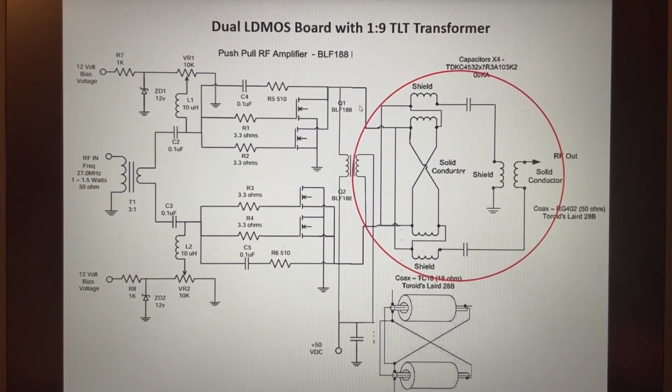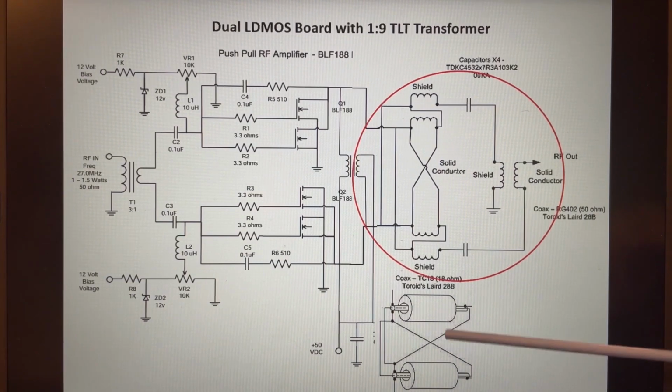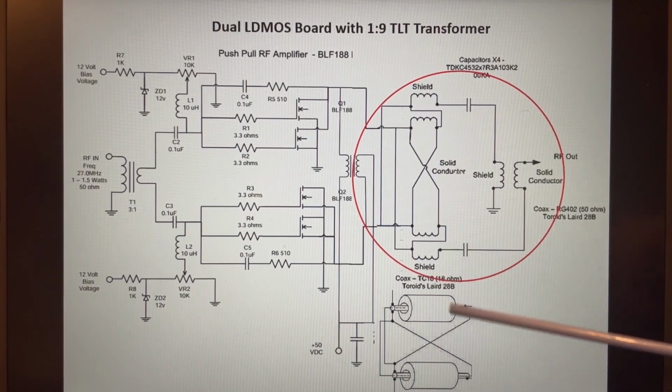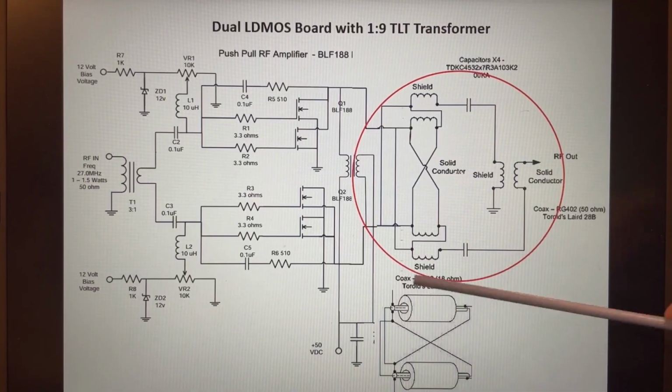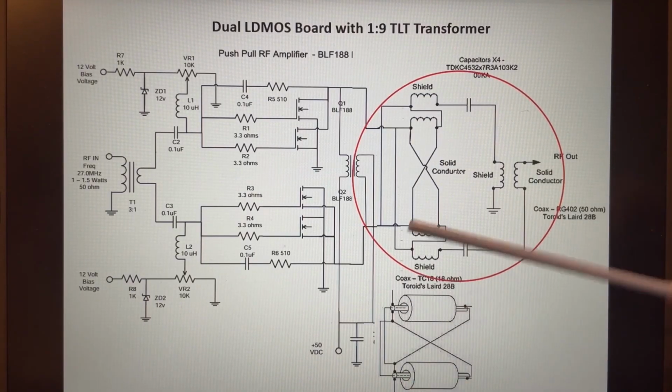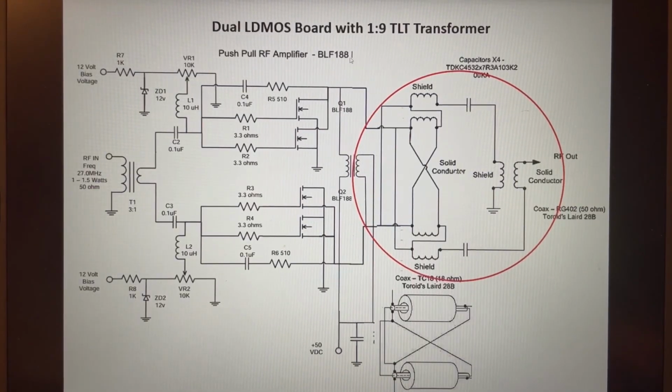And you can see that this particular transformer is shown as a schematic drawing using the symbols for inductors. But another very common representation would be showing the TLT with these symbols for the ferrites and also for the coax, or could be twisted pair, whatever the case might be. But this is the application.